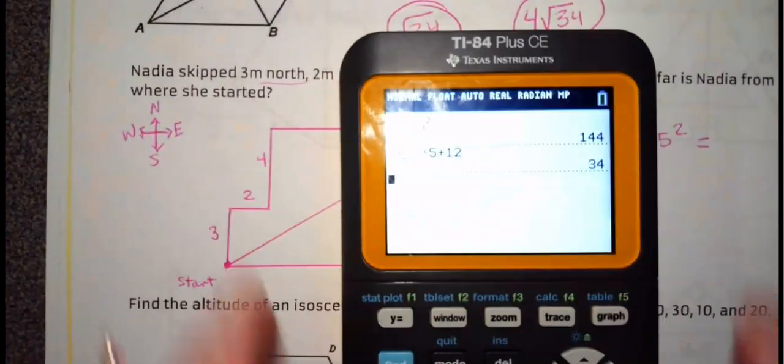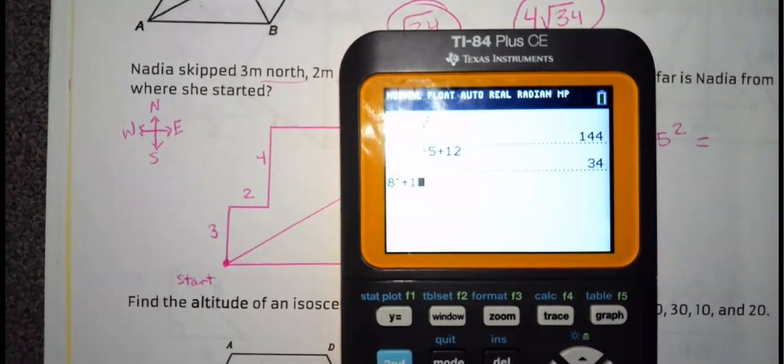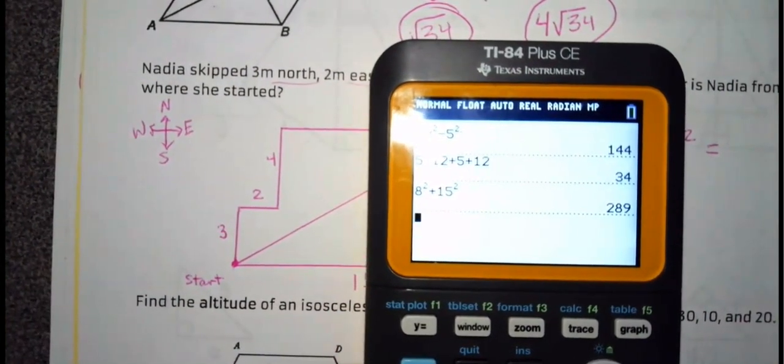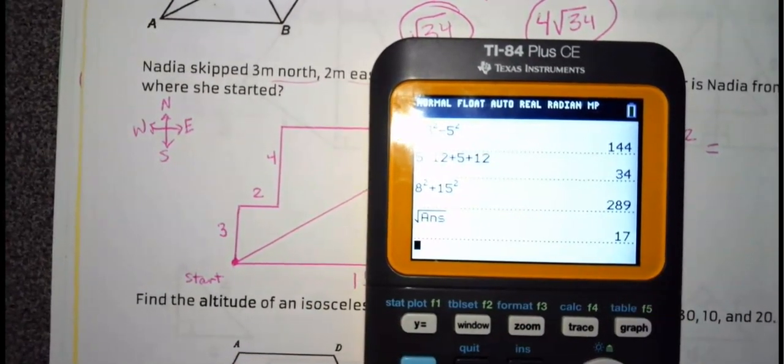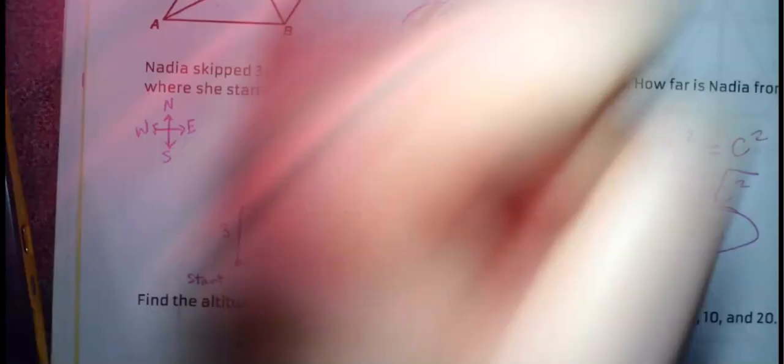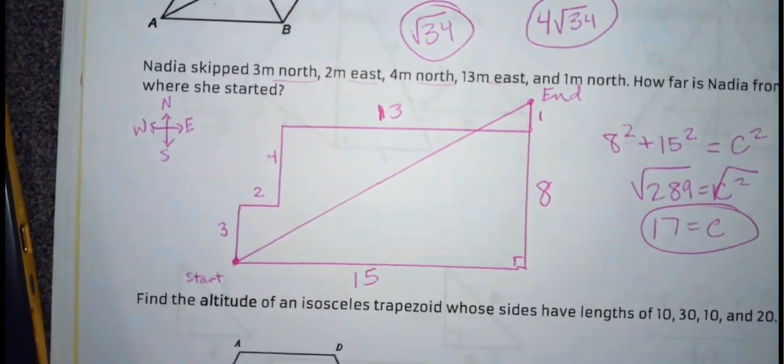When you add those together, you get 289, and if you know your perfect squares, you know that the square root of that is 17. If you don't know your perfect squares, I would suggest learning them. Alright, so that's 17.